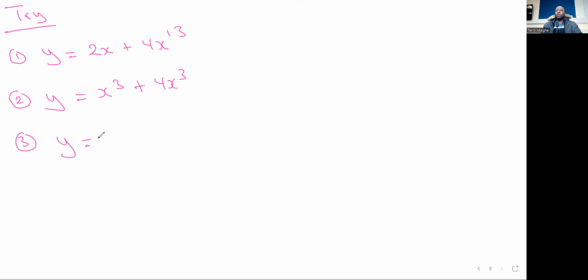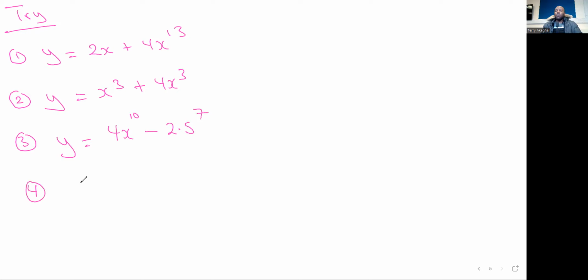So I want you to try this once. Number 1, if you have y is equal to 2x plus 4x raised to the power 13. Number 2, we have y is equal to x cubed plus 4x cubed. Number 3, we have y is equal to 4x raised to the power 10, minus 2.5 raised to the power 7.